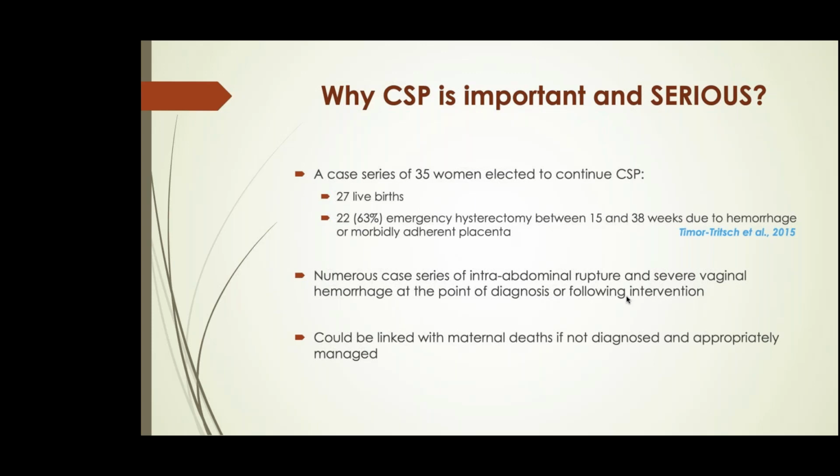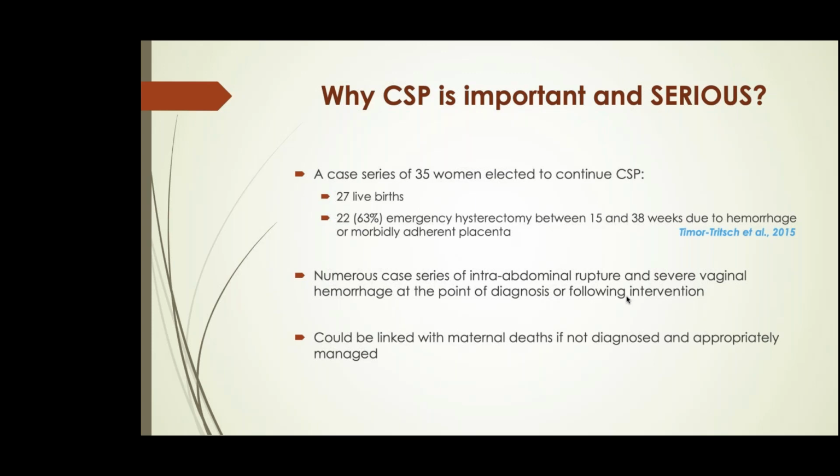There had been 27 live births out of the 35. 22 of them, which means more than 60%, had emergency hysterectomy between 15 and 38 weeks due to hemorrhage or morbidly adherent placenta. So the consequences of continuing pregnancy of a cesarean section scar are very bad.